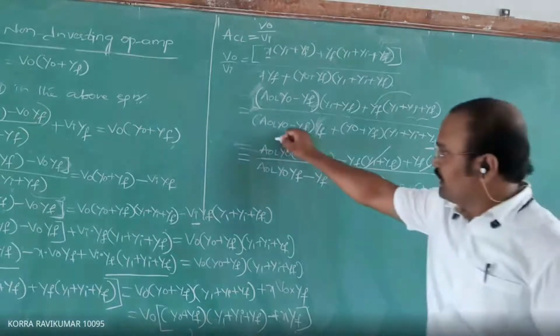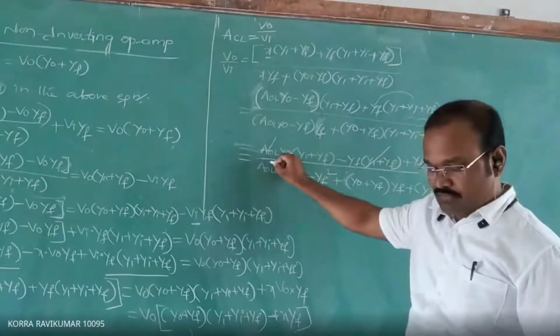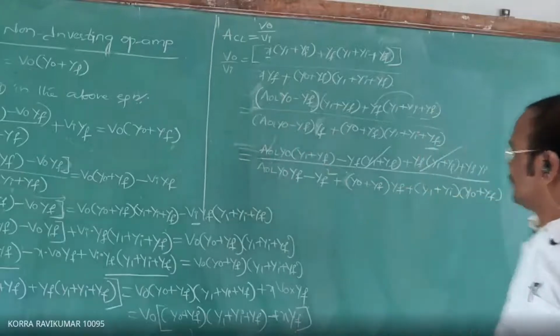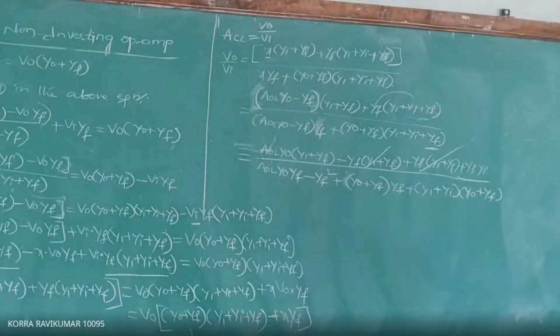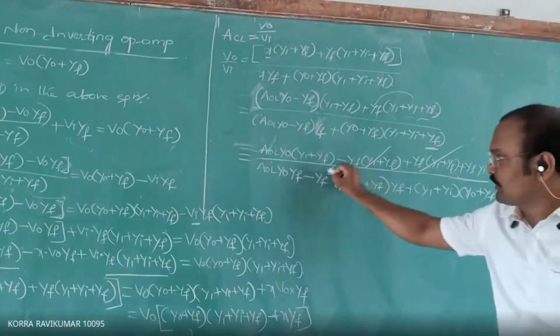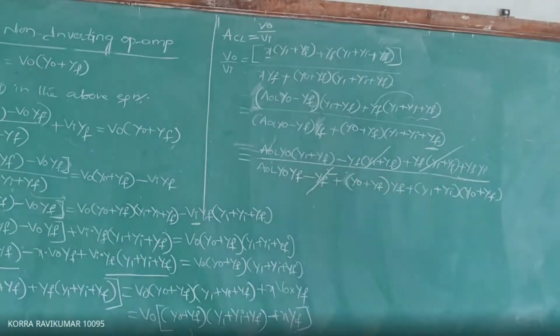In the numerator, AOL is there. In the denominator also. So we'll do it later, right? And here also observe: minus YF square is there. And expand this equation like this. How do I rewrite it again? So (Y1 plus YI) into (YF plus Y0), plus YF square plus Y0 into YF.